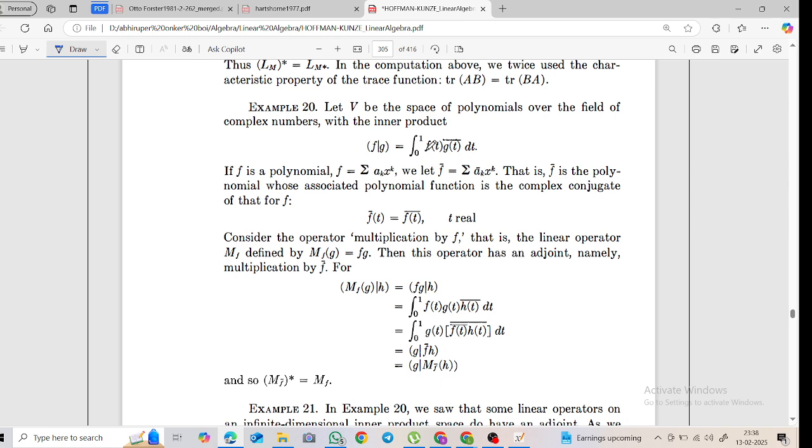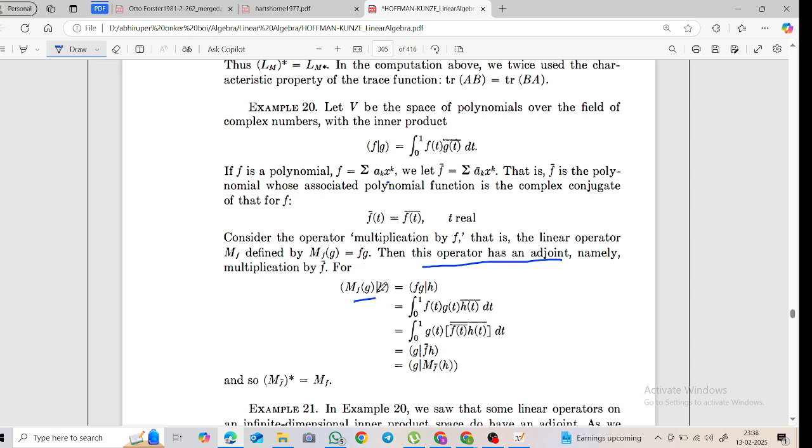So this is another inner product given over the field of complex numbers. If f is a polynomial, f bar is this. The multiplication by f. Okay. That is M_f g is fg. They are claiming that this operator has an adjoint, namely M_(f bar).